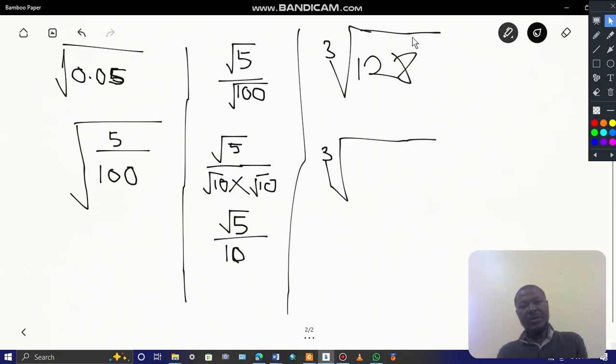If we write 128 as 64 times 2, the difference being we are dealing with a cube root. And then at that point we separate, the cube root of 64 times the cube root of 2.